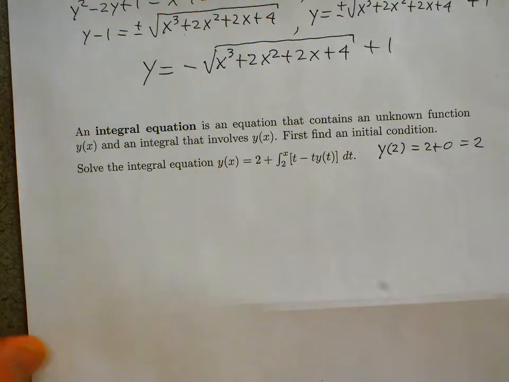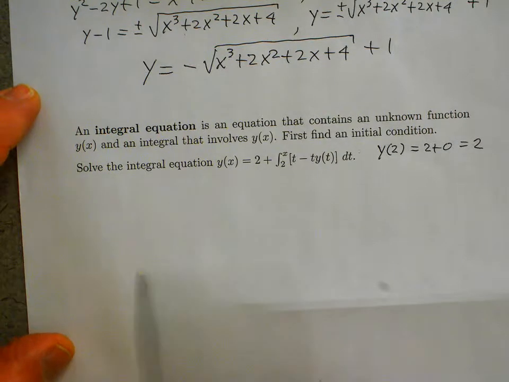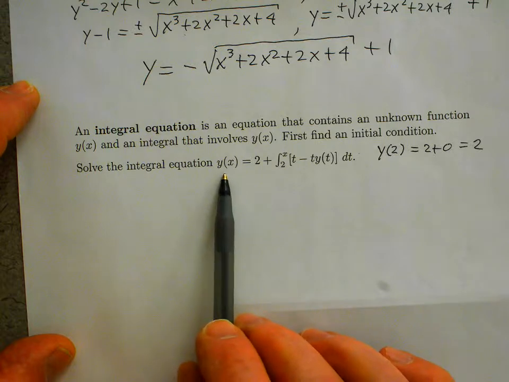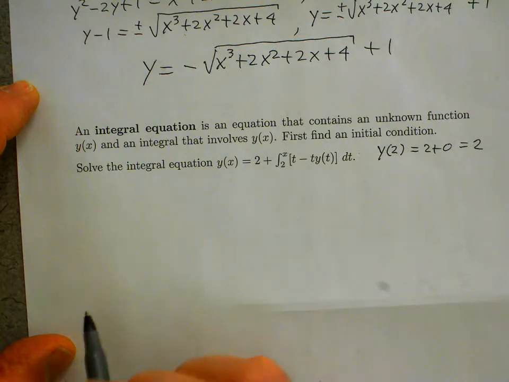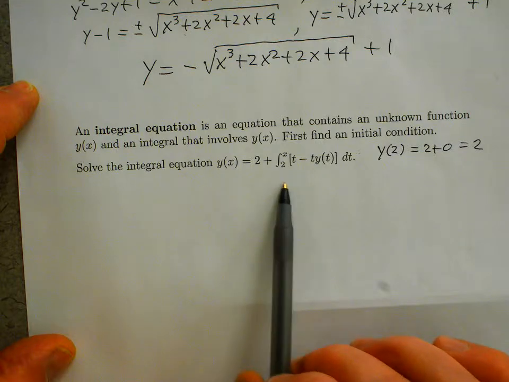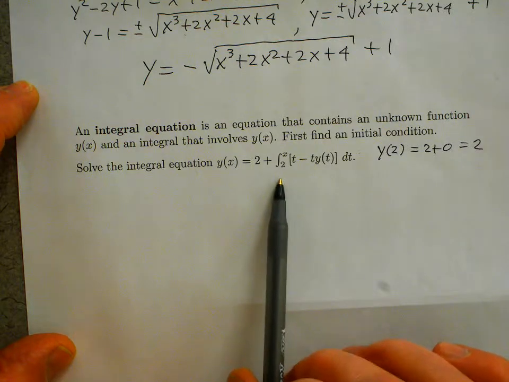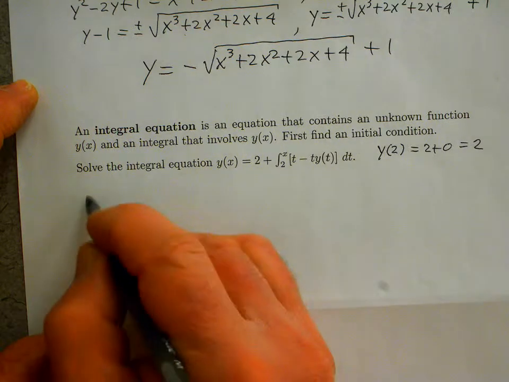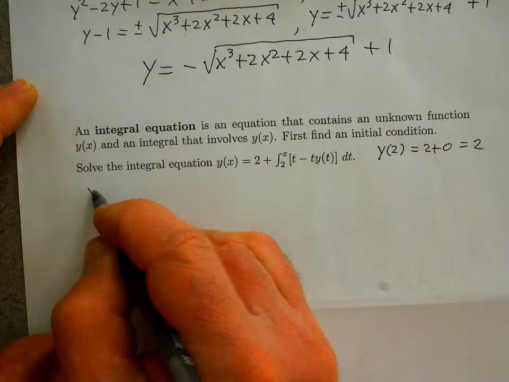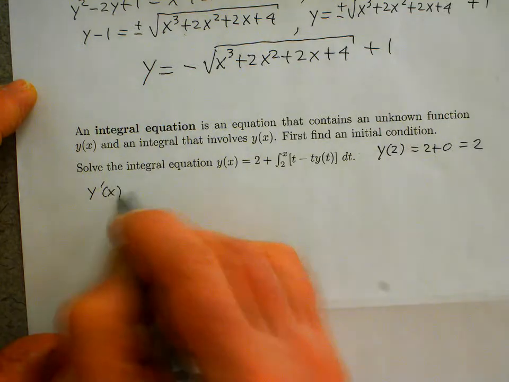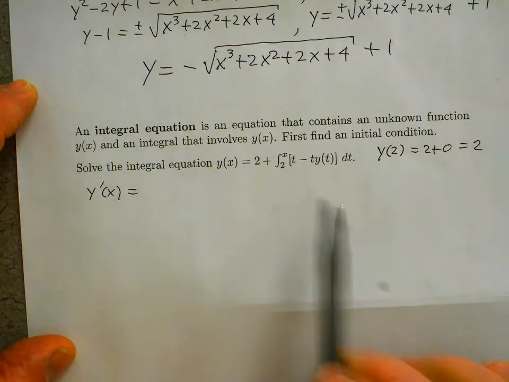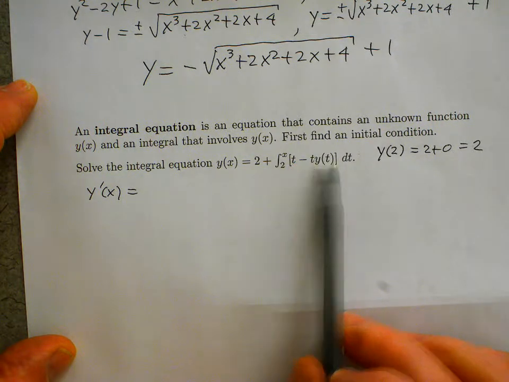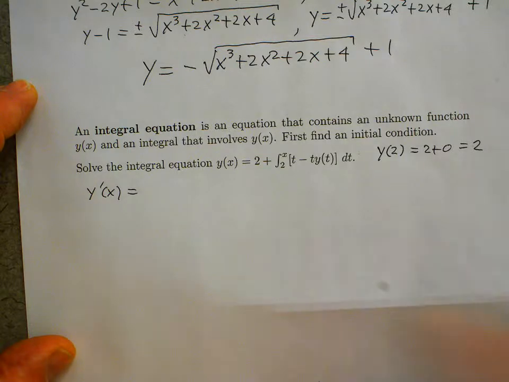Okay, that will help later on because we want to find what y of x is more explicitly. So now we compute the derivative. If y of x is 2 plus the definite integral from 2 to x of a function of t, then y prime of x is just what we get when we replace t with x.